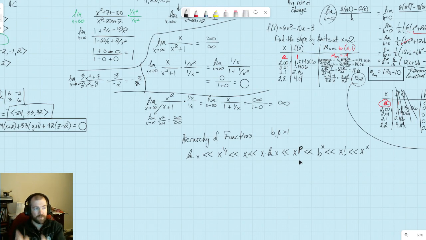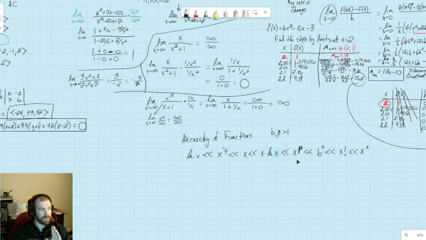If they are of different types, then you can tell immediately what it's going to do. So if you had some crazy thing that was some x's with a natural log divided by an exponential function, that thing's going to 0, because our exponential function will grow a lot faster than x log x.